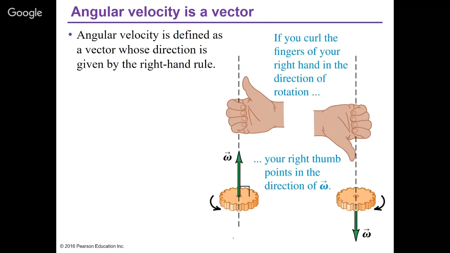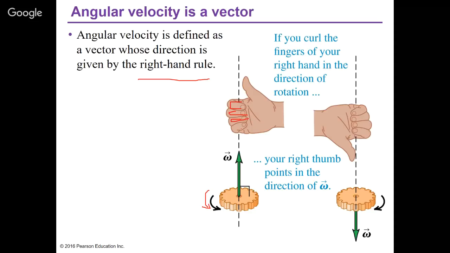Okay, just like linear velocity, angular velocity is actually a vector. So the angular velocity is defined as a vector whose direction is given by the right-hand rule. As shown here, if this gear is rotating counterclockwise, how you define the direction of this angular velocity is by curling your right hand in the direction of the rotation.